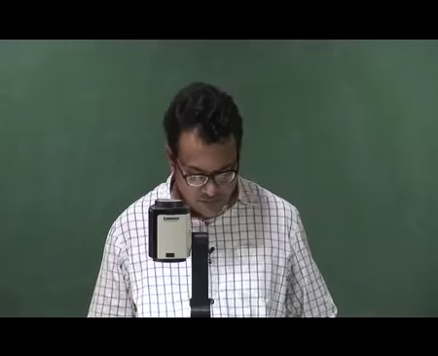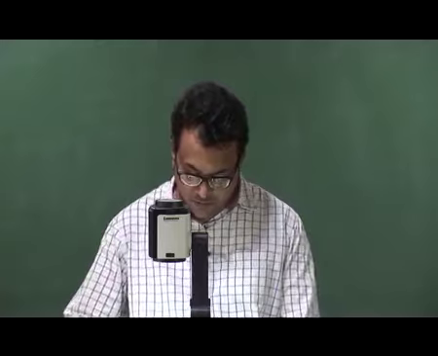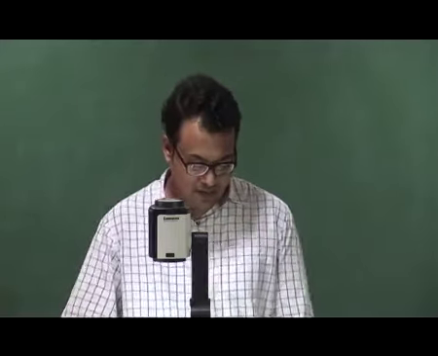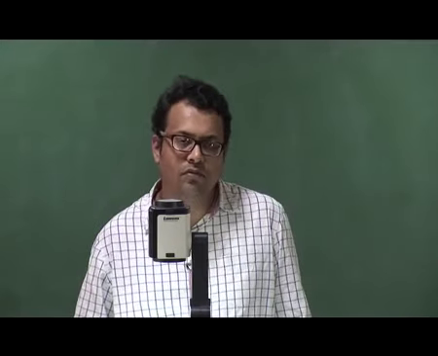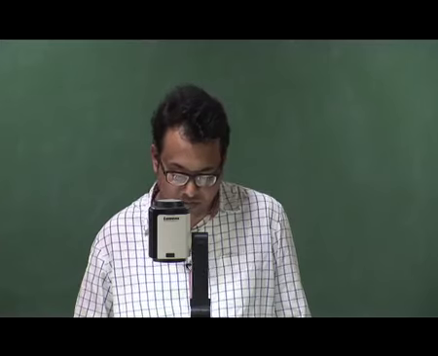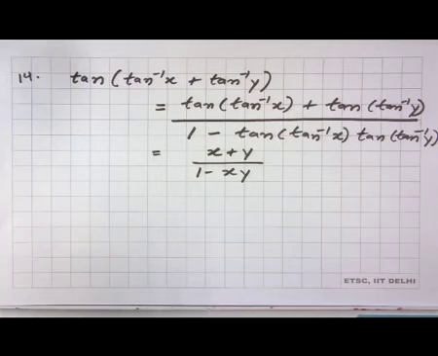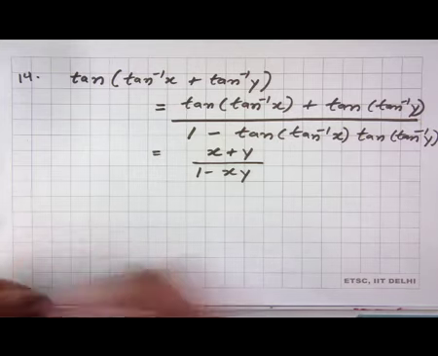We now move over to the identity where we had stopped in the previous lecture. If you remember, we were trying to see if tan inverse of x plus tan inverse of y can be written as tan inverse of something. So, here is a quick derivation.